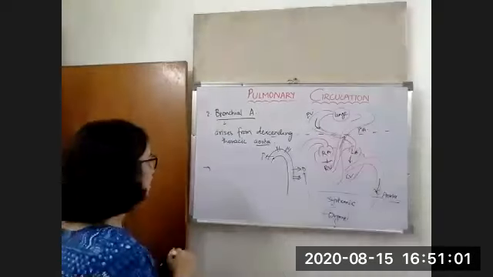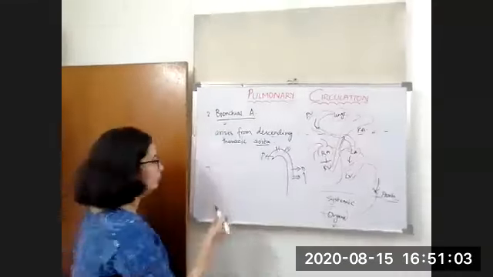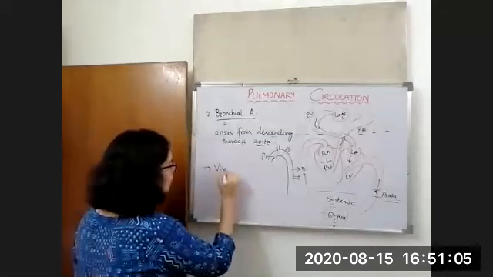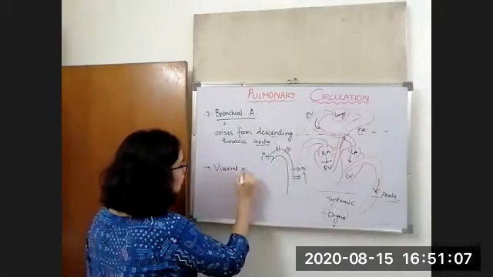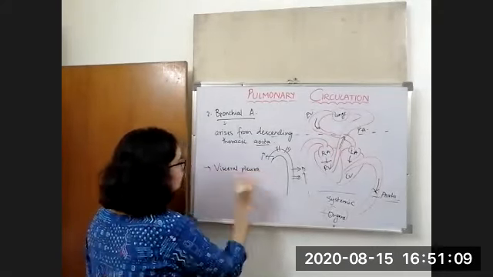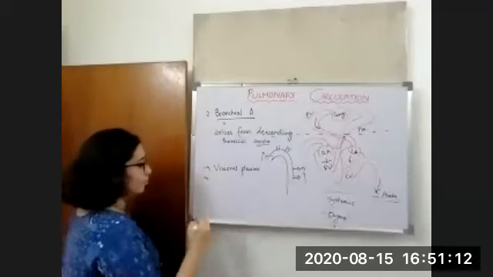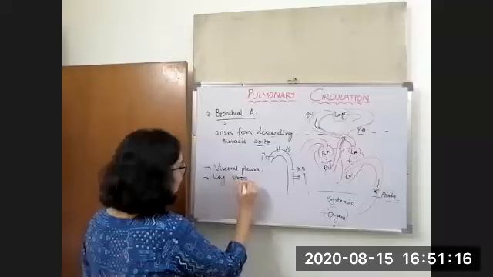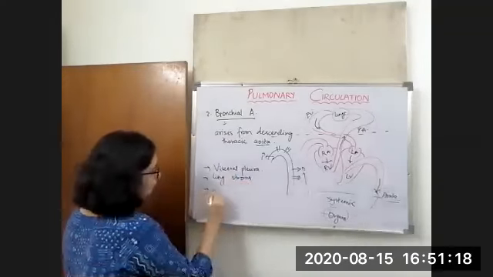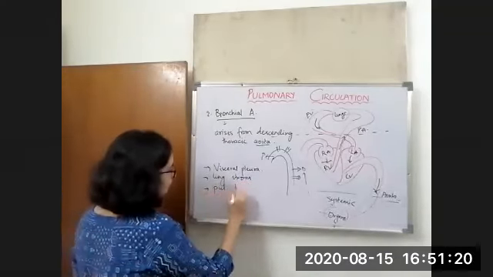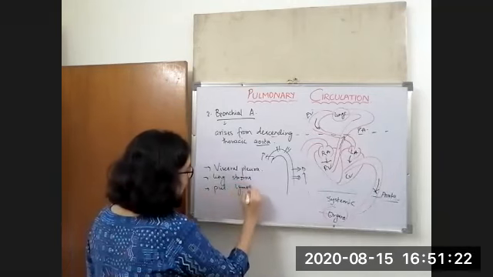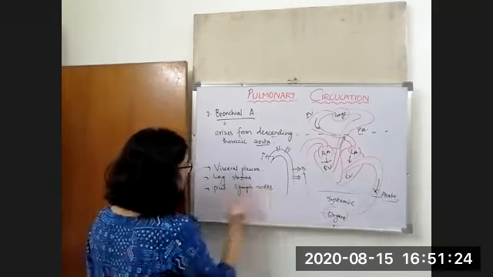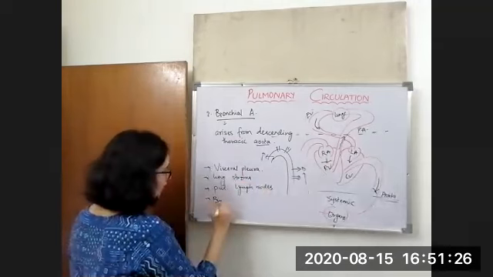What are the parts? It supplies the visceral pleura, the lung stroma, the pulmonary lymph nodes, and the bronchi.